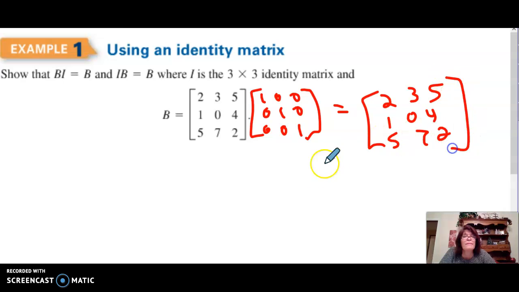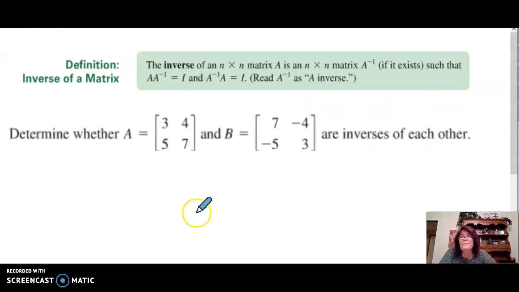Because you take this row times this column: 2 times 1 is 2, and then 3 times 0 is 0, 5 times 0 is 0. It's just going to be 2. That's what the diagonal of 1s does for you. It doesn't matter if I take B times I or I times B. It's the only time order doesn't matter, when it's the identity matrix.